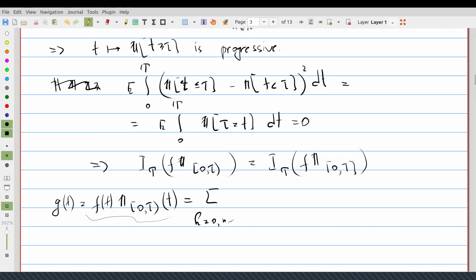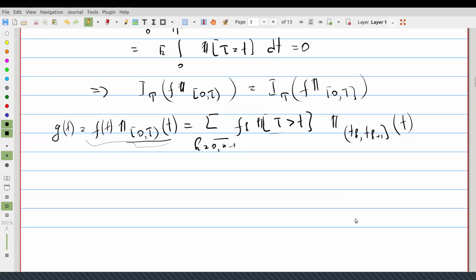It is the sum over k of f_k, indicator that tau is greater than t, times the indicator from t_k to t_k+1 of t. Now, tau admits only a discrete number of values.